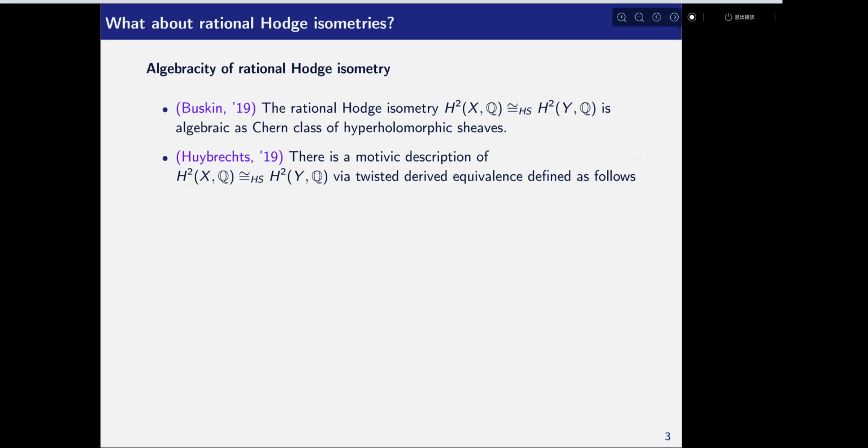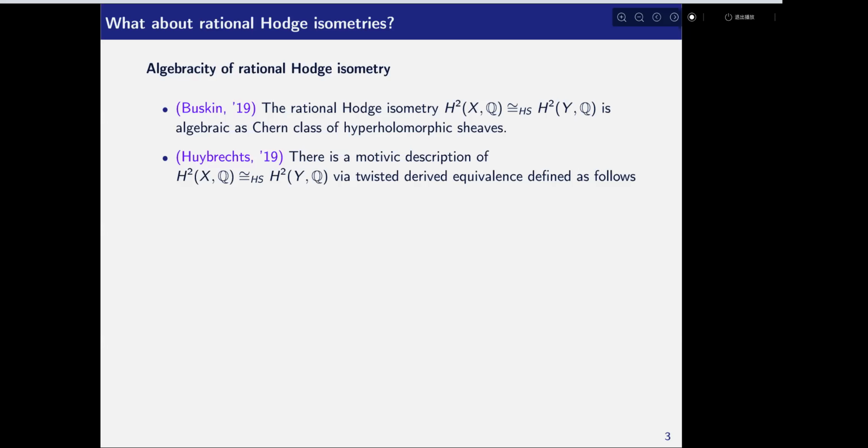So this is a natural question about the algebraicity of rational Hodge isometries. This has been done in the last few years. The first proof is by Buskin, who shows that the rational Hodge isometry is algebraic because it occurs as some Chern class of some hyperholomorphic sheaves.